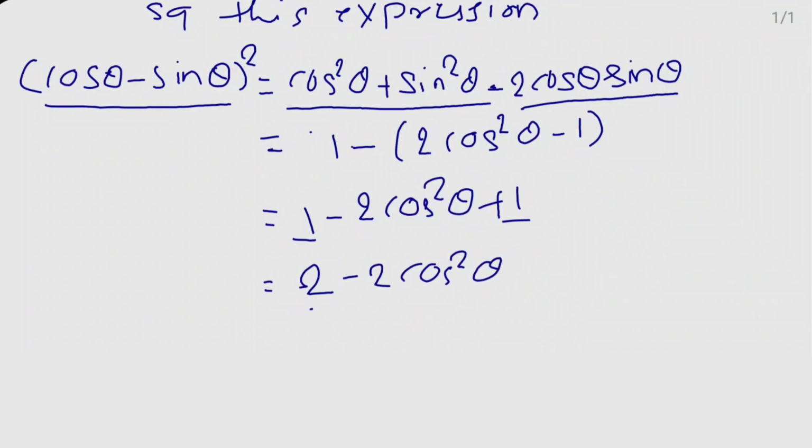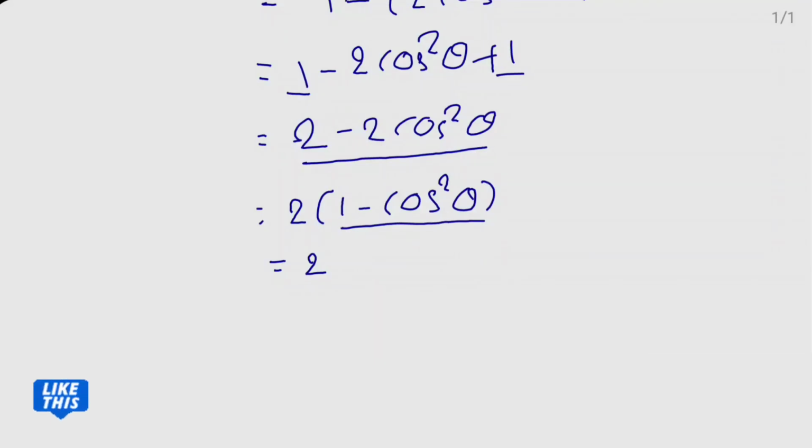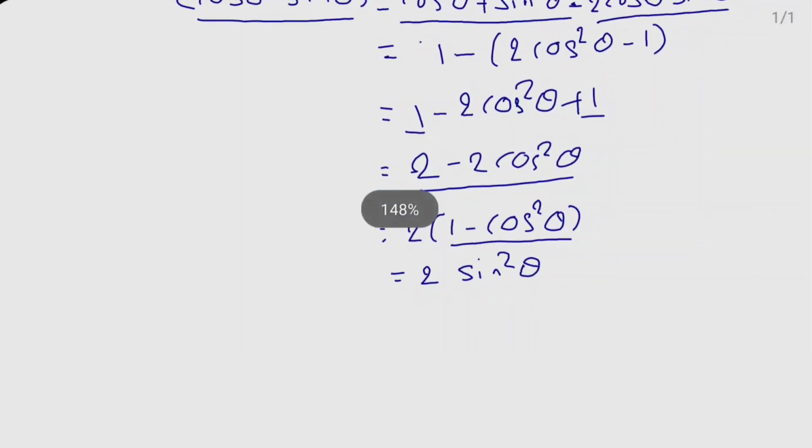And in these two terms we have 2 as common, so take it outside, and here we got 1 minus cos square theta, and here 2 as it is. 1 minus cos square theta is sin square theta, using the identity sin square theta plus cos square theta.